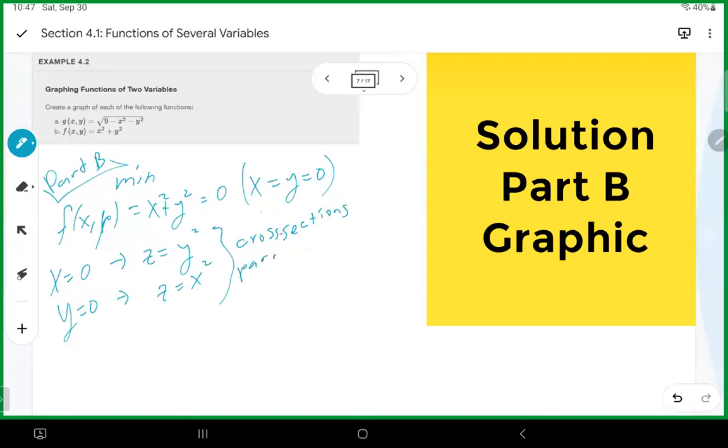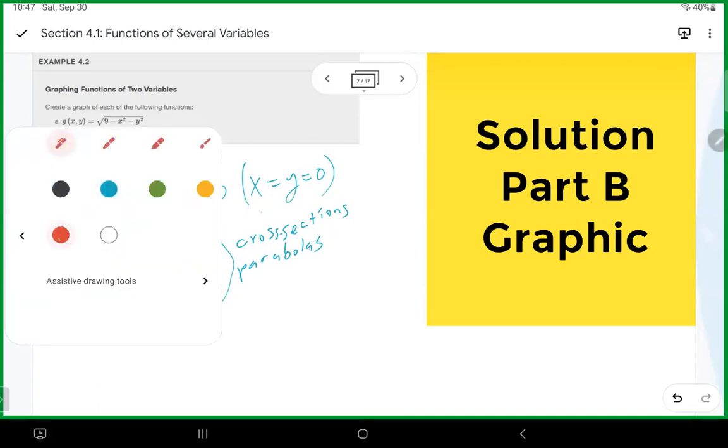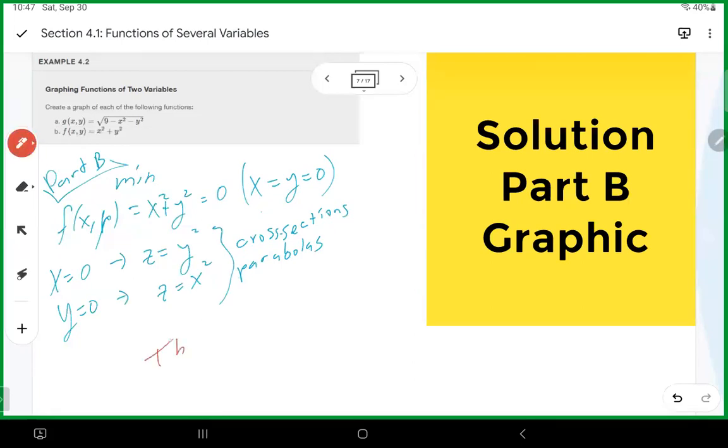Recall from the introduction to vectors in space that the name of the graph is a paraboloid. Just gotta spell that part right.